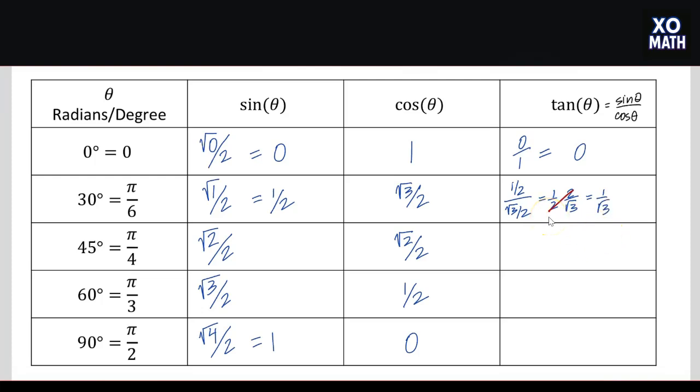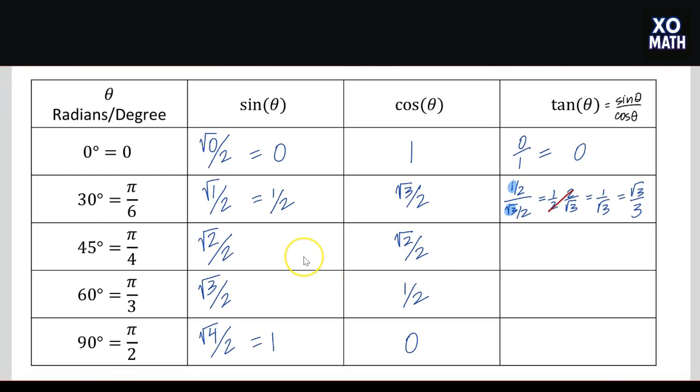A nice way I like to look at it is to just look at the numerators here. Since we're dividing by the same value, that's going to end up multiplying by the reciprocal and canceling, so I just recognize it as 1 over radical 3, and rationalized, that's the square root of 3 over 3.